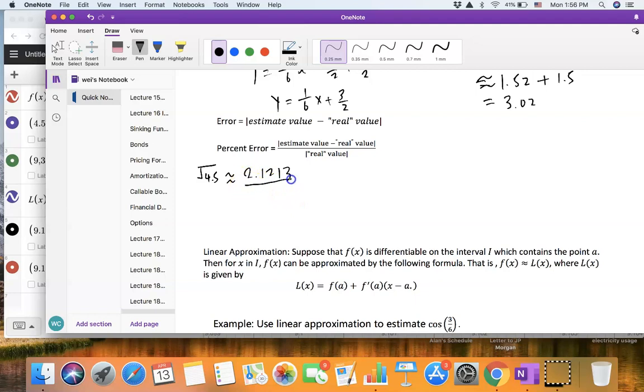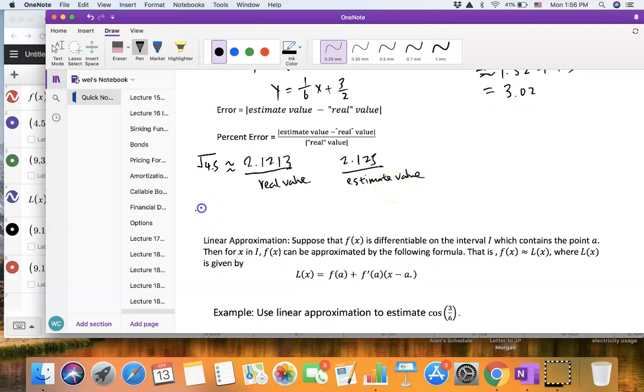So this is what we call the real value, and 2.125 is our estimate value.